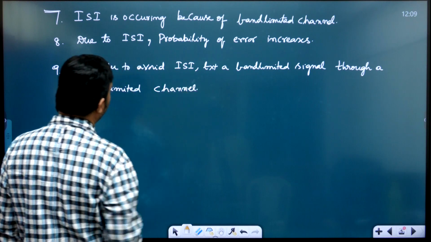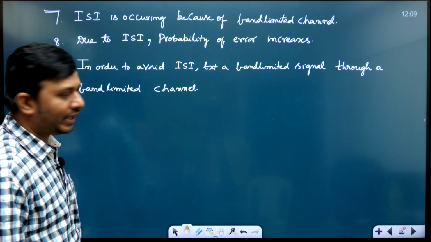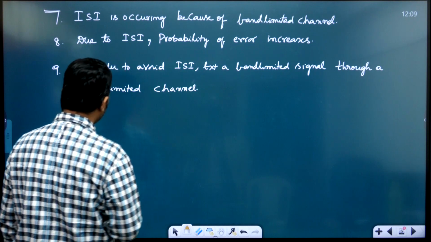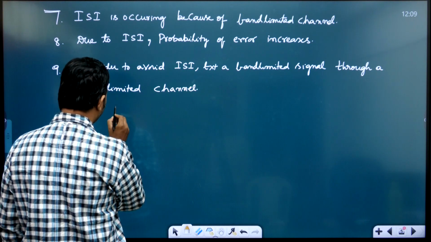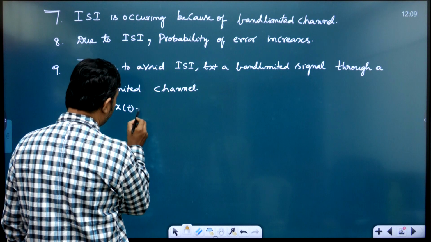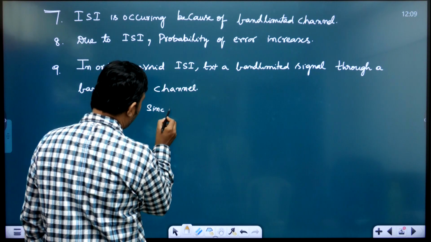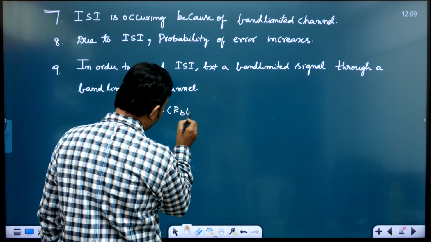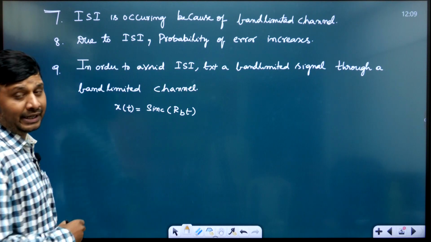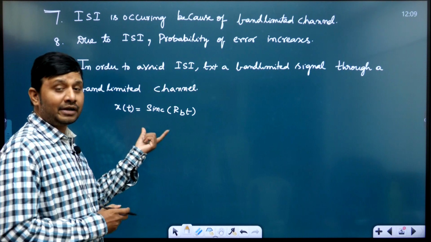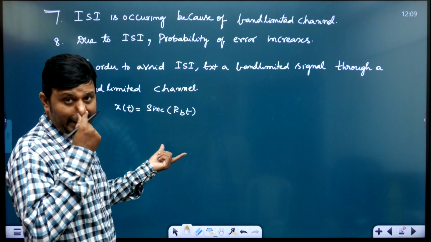Now we must search for a band limited signal, and one such signal is x of t equal to sinc of RB into t. This is time unlimited but band limited.